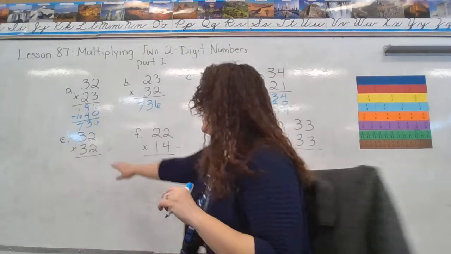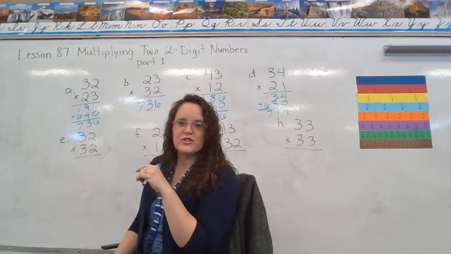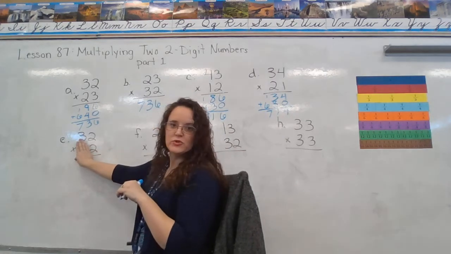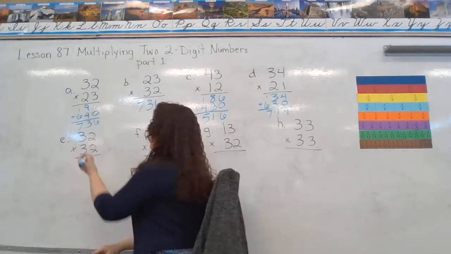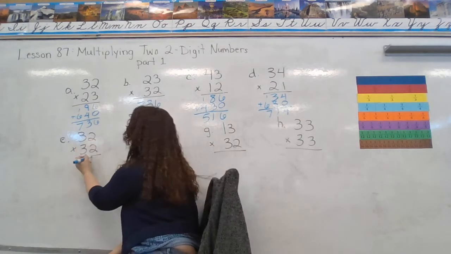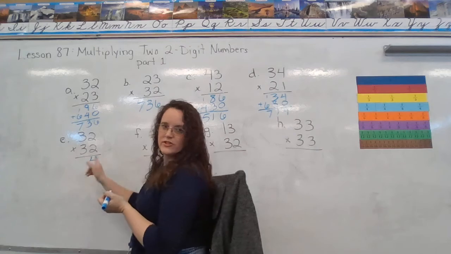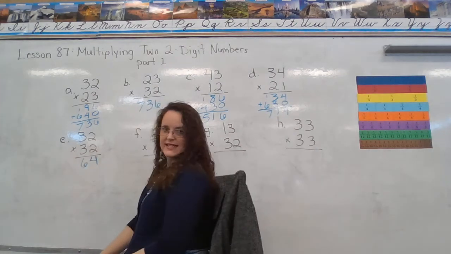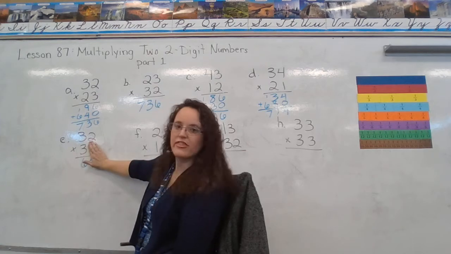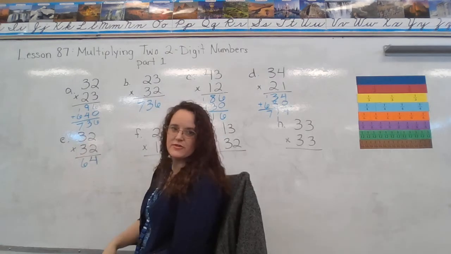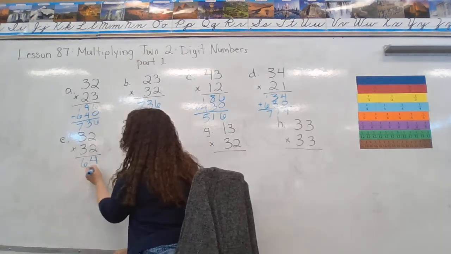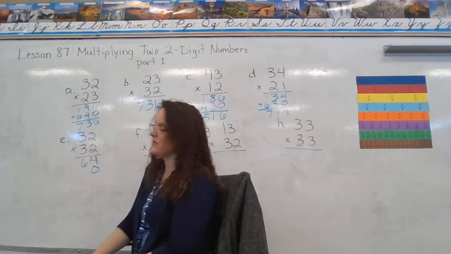All right, let's take a look at E. 32 times 32. We'll multiply 2 times 32 first. So 2 times 2 is 4. 2 times 3 is 6. Now we're going to multiply 30 times 32. 30 ends with a 0, so our answer will end with a 0.